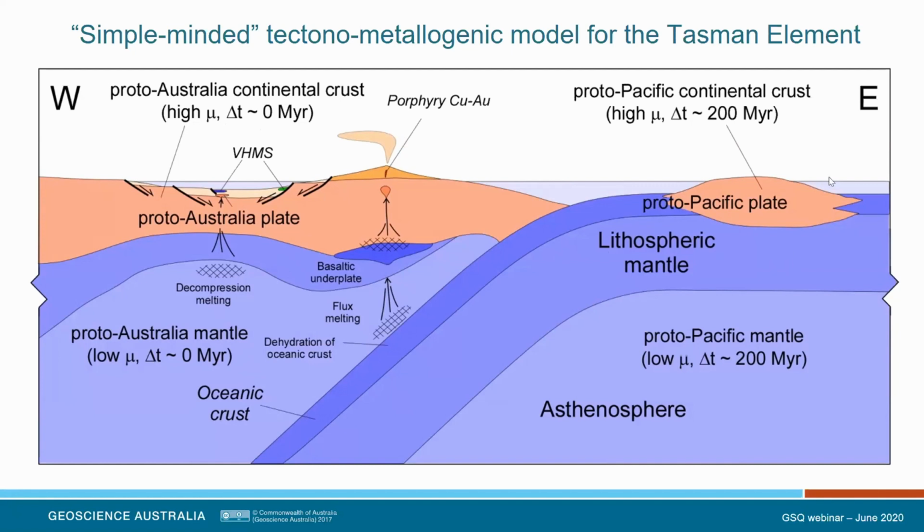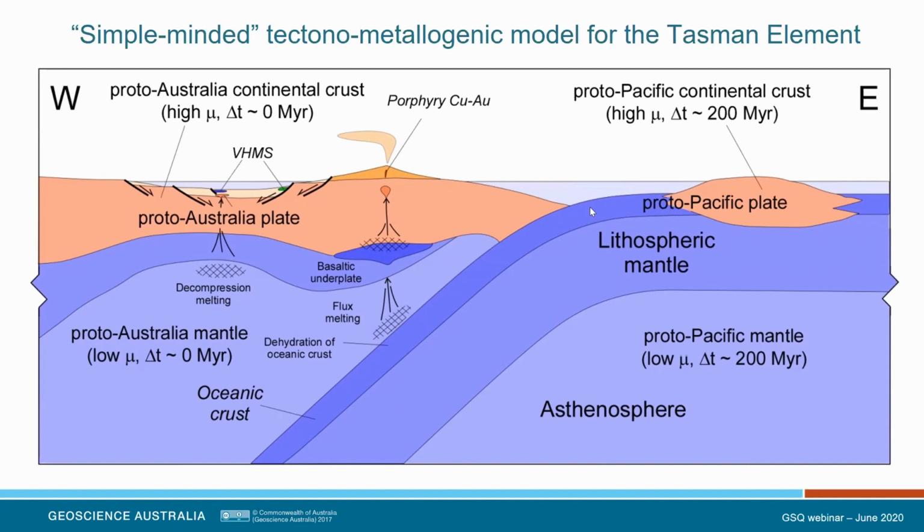So you can actually account for the lead isotope signature that you see in Eastern Australia in this sort of environment where the proto-Pacific plate produces the high delta T values, whereas the proto-Australia continental crust produces the sort of normal things.